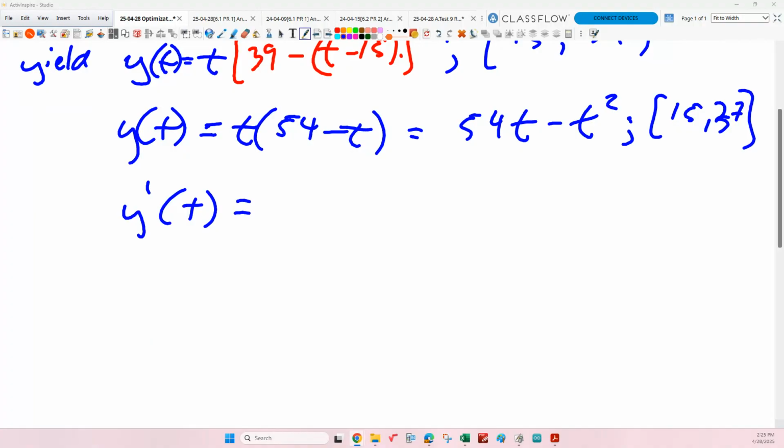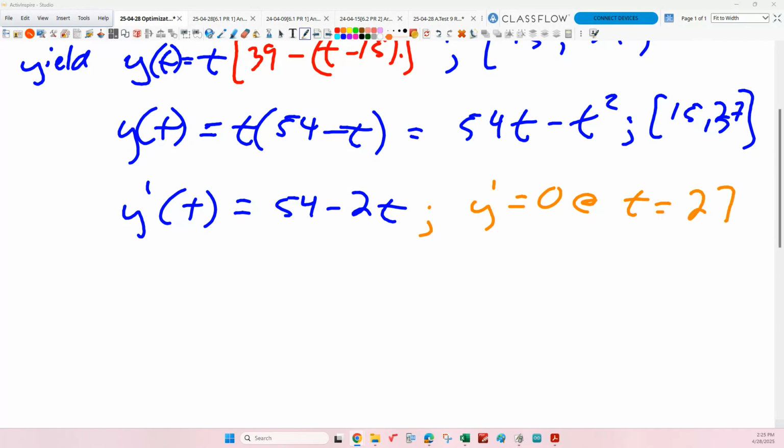What's our derivative? Okay, and y prime equals 0 at t equals what? 27. So that's our only critical number.